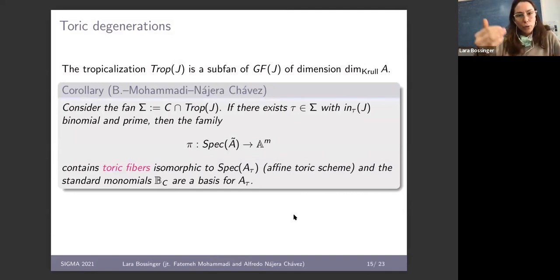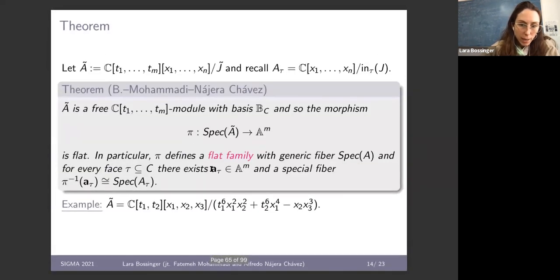A quite obvious corollary, just to emphasize the relation with toric degenerations, is the following. If I consider the intersection of a maximal cone with the tropicalization, that will be some fan sigma. If in this fan sigma I can find some cone whose initial ideal is binomial and prime, so to say toric, then the big family defined by A tilde contains toric fibers, exactly the fibers over these points A tau.